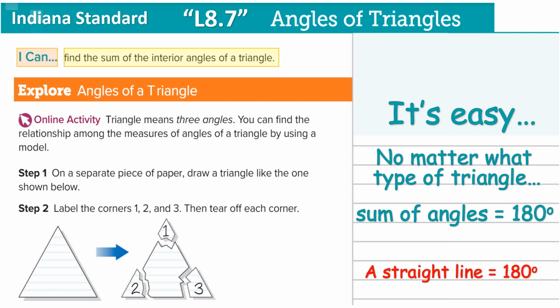The other thing that we need to know, which should have been taught either last year or the year before, but is important to understand, especially when we get into the second half, which is exterior angles, is that a straight line is always equal to 180 degrees. So if I have those two pieces of information, I should be able to see a direct correlation between them.